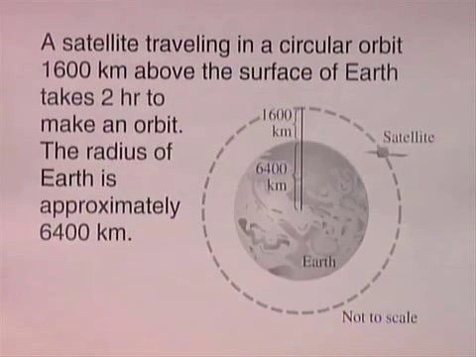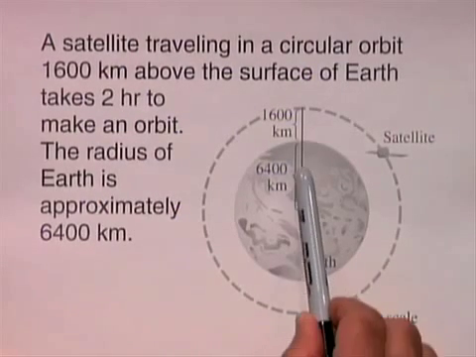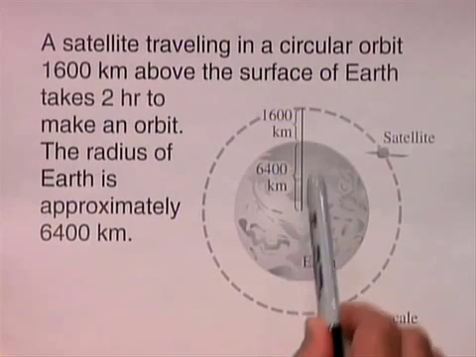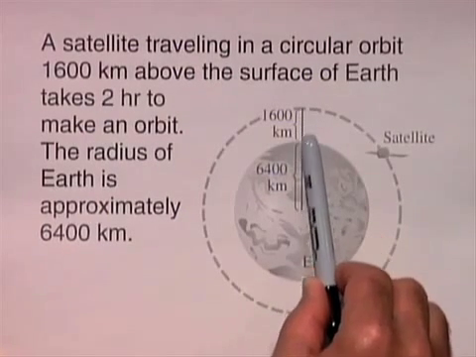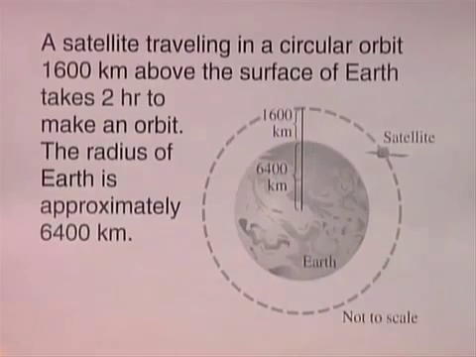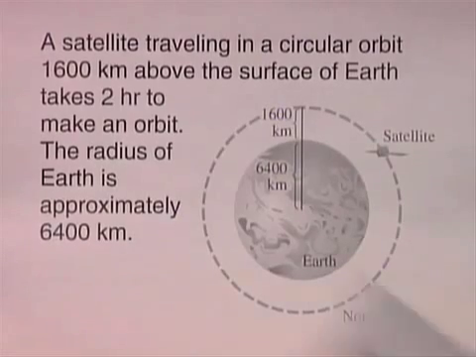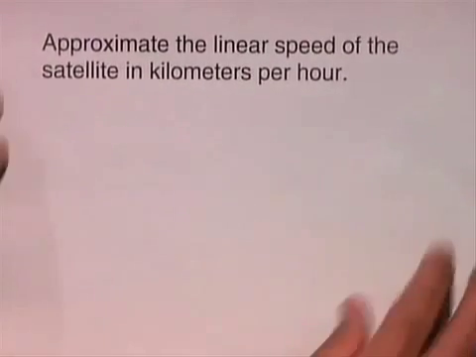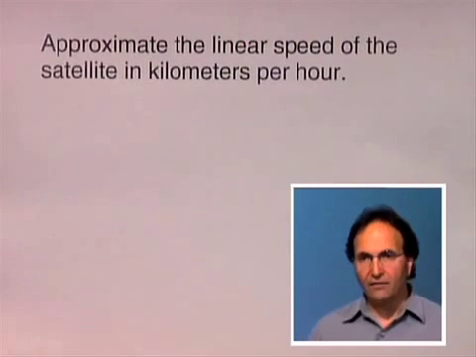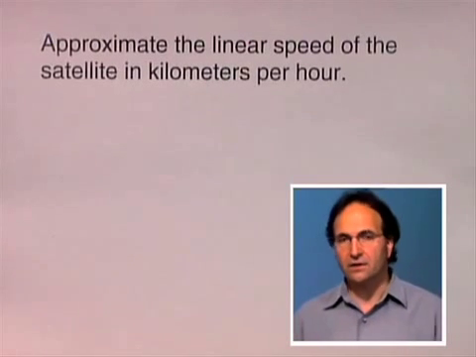And you can see in the diagram the radius of the Earth, 6,400. The fact that the satellite is another 1,600 above the surface of the Earth, and that's the orbit through which it rotates. So now what we want to do is approximate the linear speed of the satellite in kilometers per hour.